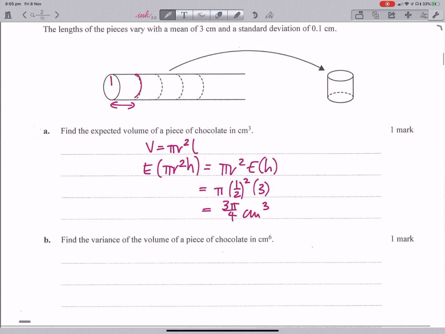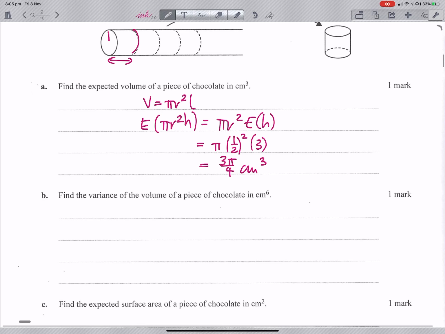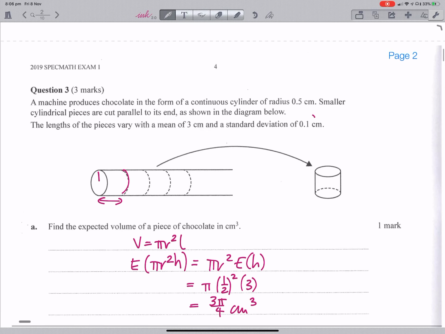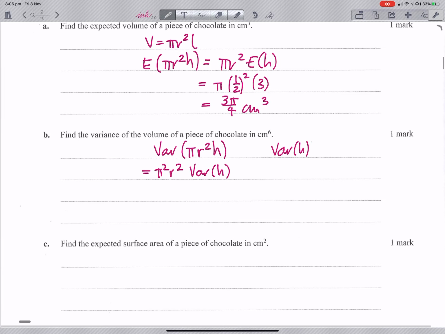So the variance is based on the height, so we want var of pi r squared h, which is pi squared r squared var of h. Var of h, we know the standard deviation is 1 on 10, so that's 1 on 100.